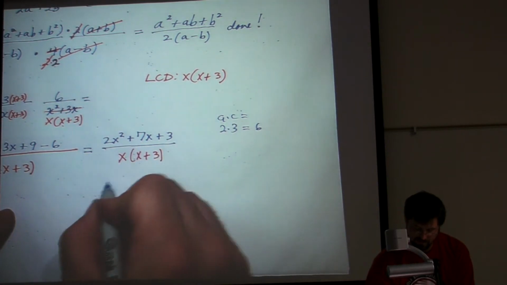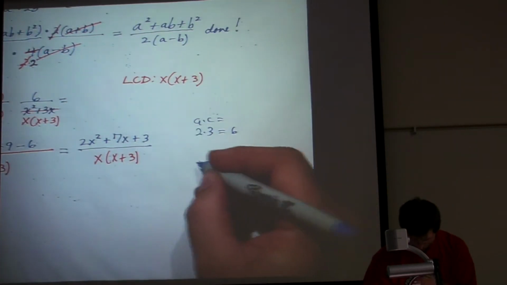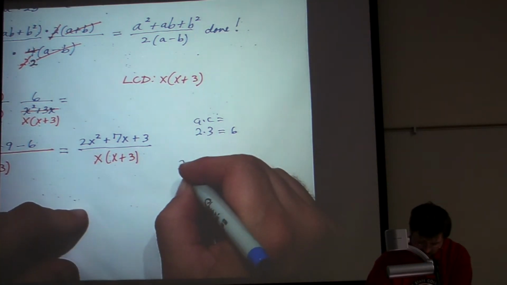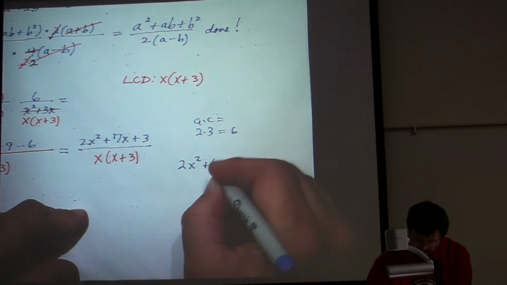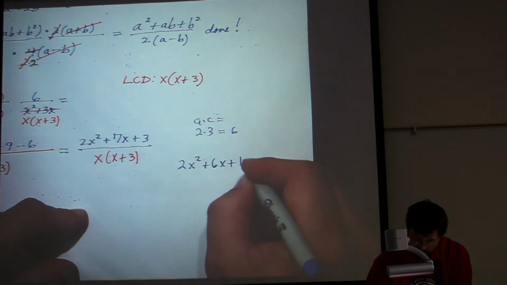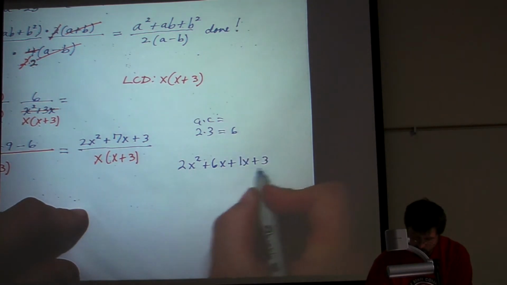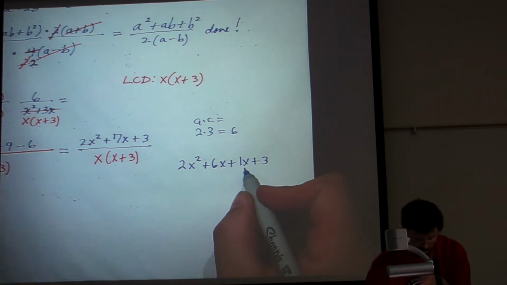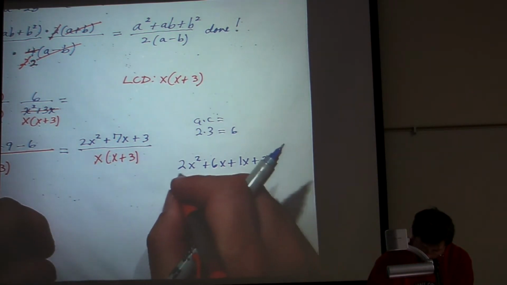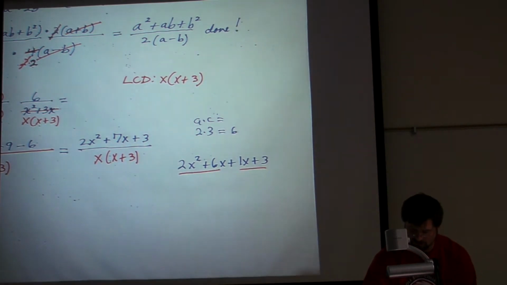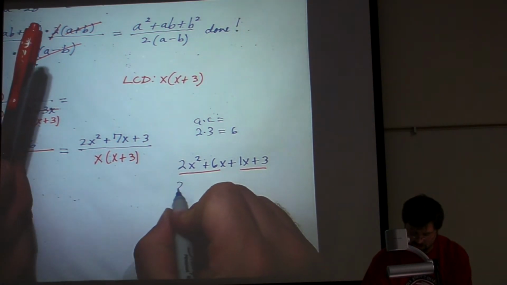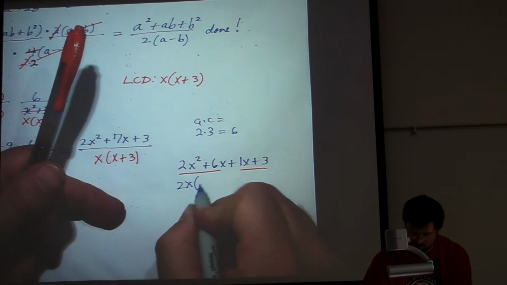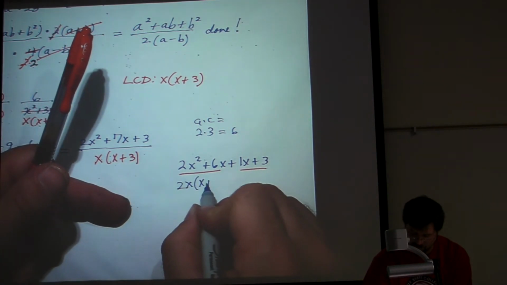So I'm going to rewrite the 7x, let me do this off to the side, as 6x plus 1x plus 3. It doesn't matter what order I write those 2 in. I can put the 1x first or the 6x first as I did. And now I'm going to do it by grouping. You can use the smiley face method, whatever method you know. But this is a method I've been using throughout the unit.